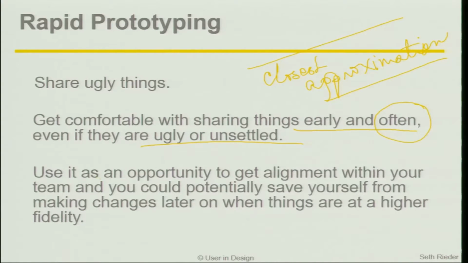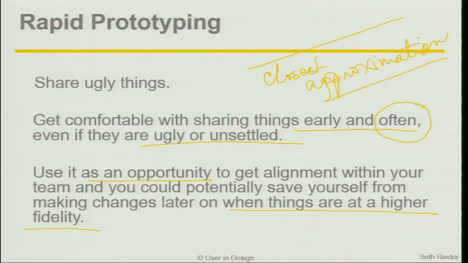Use it as an opportunity to get alignment within your team. Everyone starts looking at it and has a common understanding, and you could potentially save yourself from making changes later on when things are at a higher fidelity.